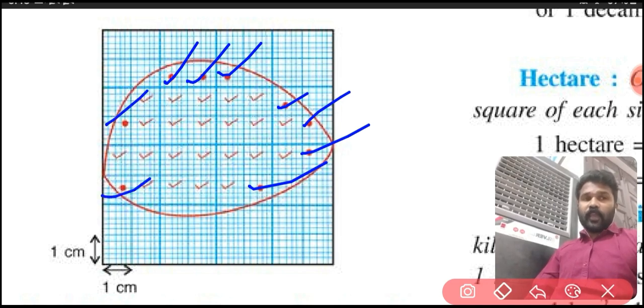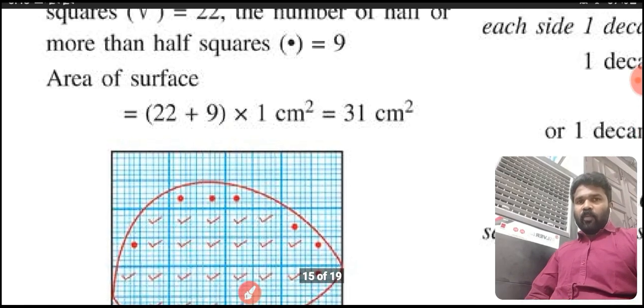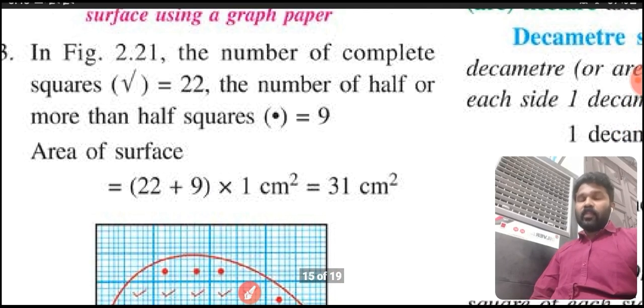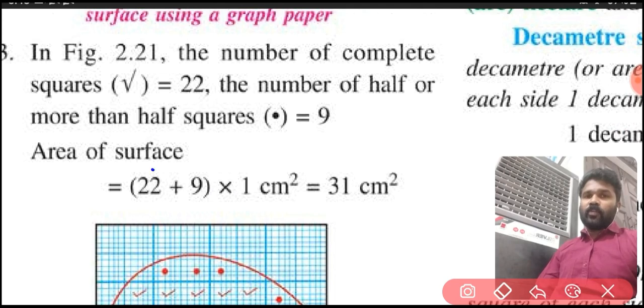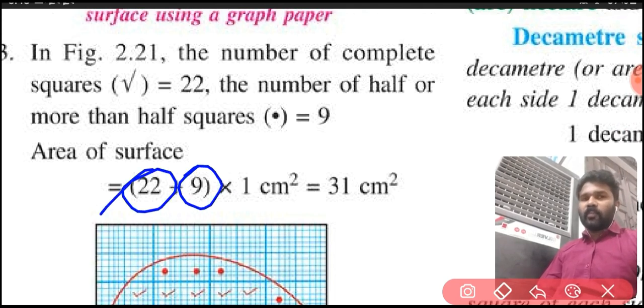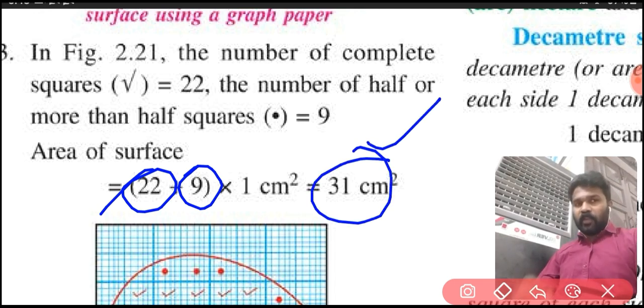How many dots? 9. The total area of the surface equals 22 complete squares plus 9 half or more than half squares, 22 plus 9 multiplied by 1 centimeter square, equal to 31 centimeter squares. Understood now?